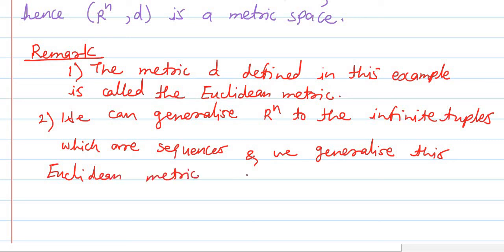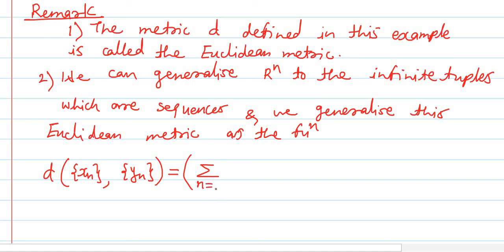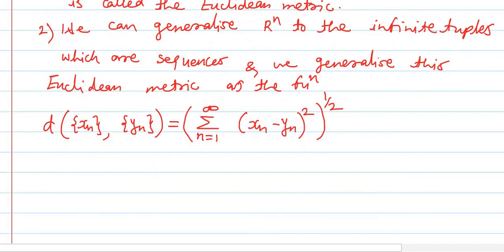It can be generalized as a function d((xn),(yn)), where x and y are now sequences, members of the infinite tuples of real numbers, equal to the summation over n equal to 1 to infinity of (xn − yn)², whole raised to 1/2. In such a manner, the d function can be generalized.